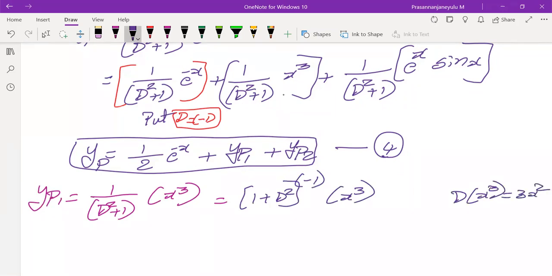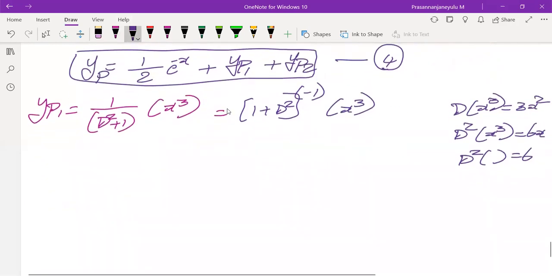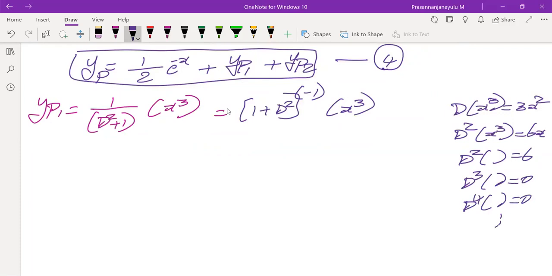What's the second differentiation of x cube? 6x. The third differentiation is 6. From the fourth derivative onwards, what's going to become? Anybody can respond? 0. All the third derivative onwards, all the things become 0.